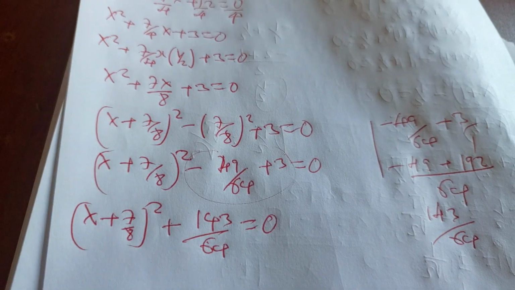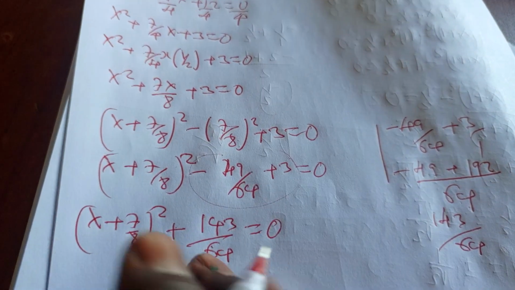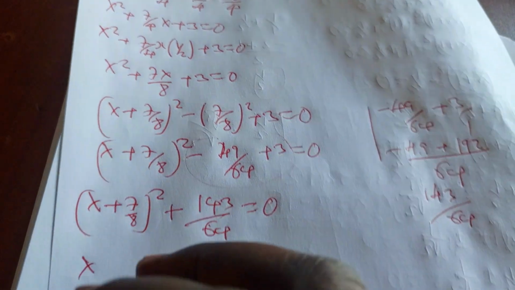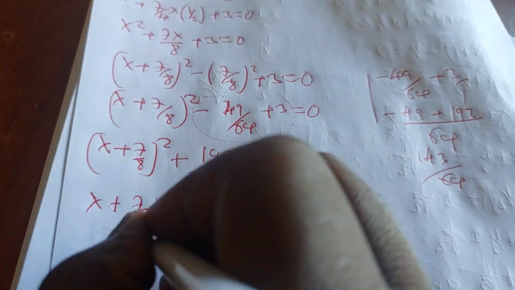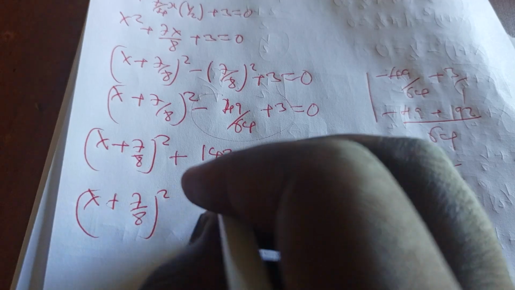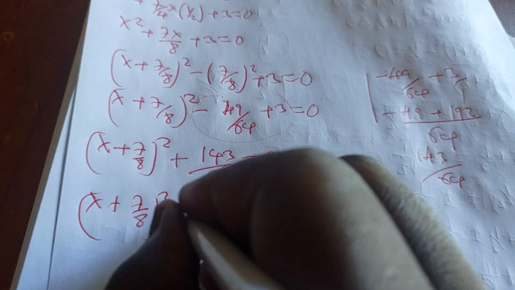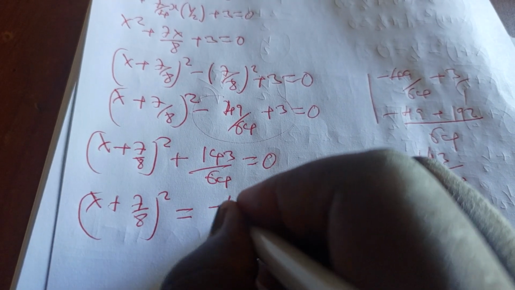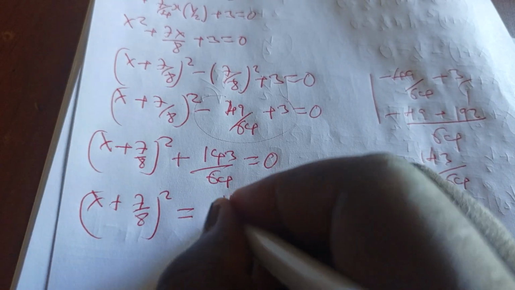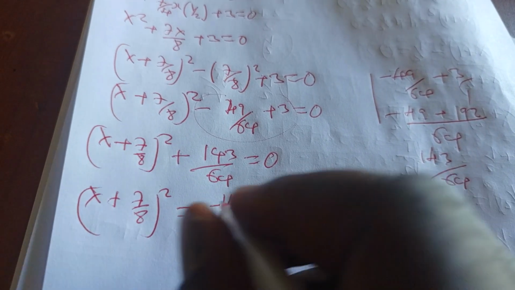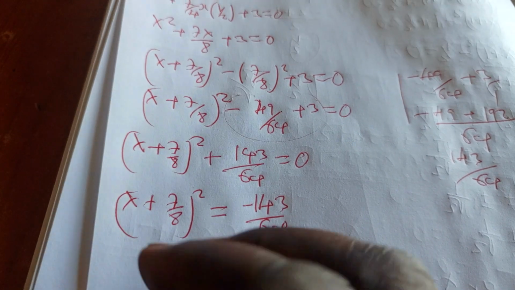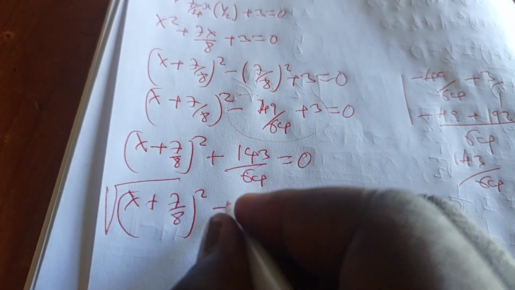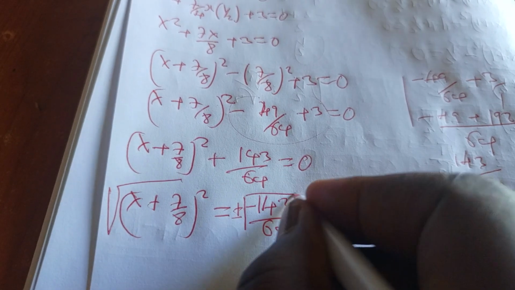Then this one will go to this side, so it is (x + 7/8) to the power 2 equal to negative 143 over 64. Then you put the square root here. You say positive and negative square root of this guy.